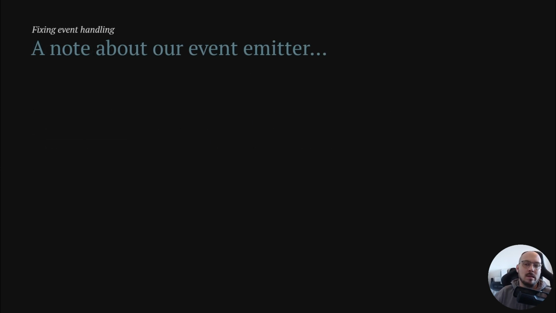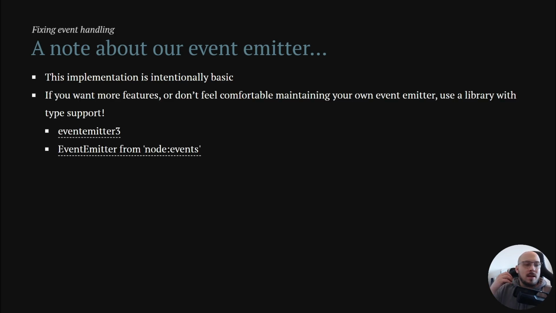Easy. Now, this implementation is intentionally basic. There are more things that you can do, and optimizations that you can make, but we're just going to keep it simple for now. Additionally, if you want more features, or you don't want to maintain your own event emitter, use a library, but make sure you use one with good typing support.